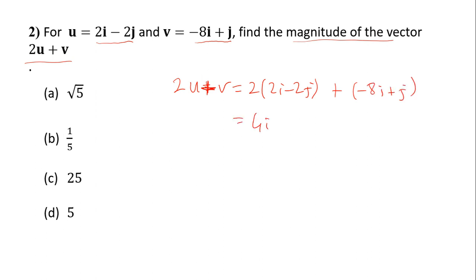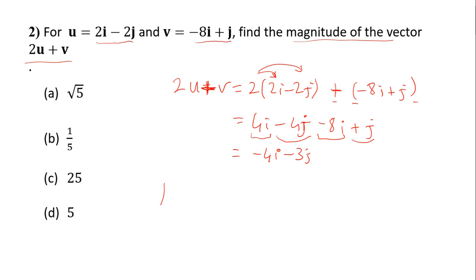Then this will be 4i minus 4j, so you distribute. And then you can remove the parentheses here because this is plus. It will be negative 8i plus j. So you can add or subtract i's with i's. So it will be 4i minus 8i, so it will be negative 4i. And then negative 4j and plus j will be negative 3j.